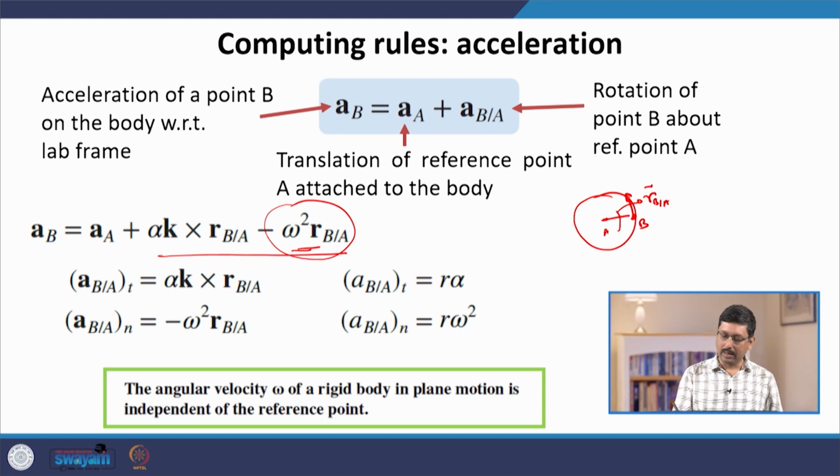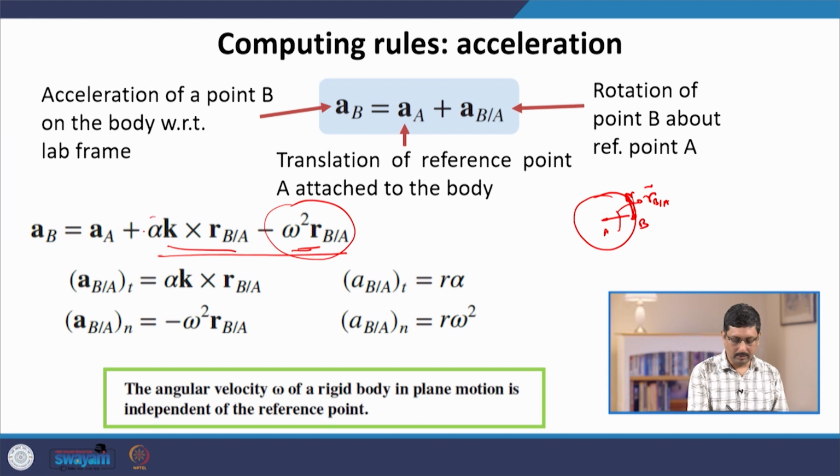But if the magnitude of the velocity is also changing, it can in general also have an acceleration in the tangential direction, and this is coming from this term.